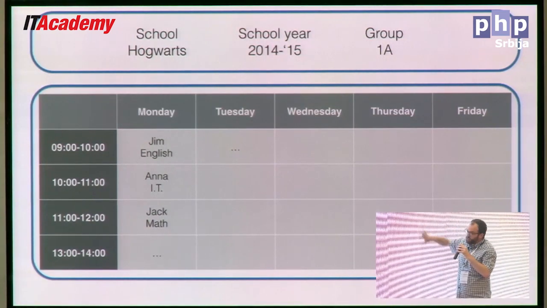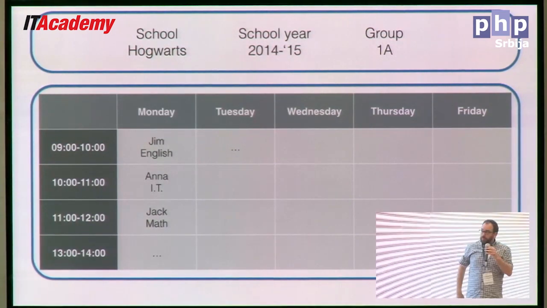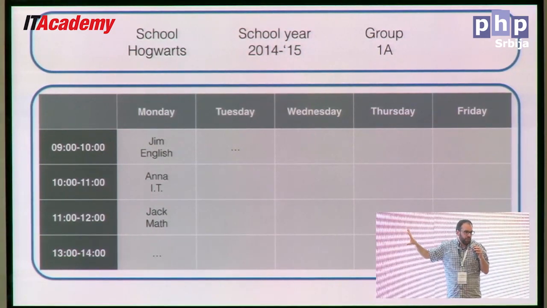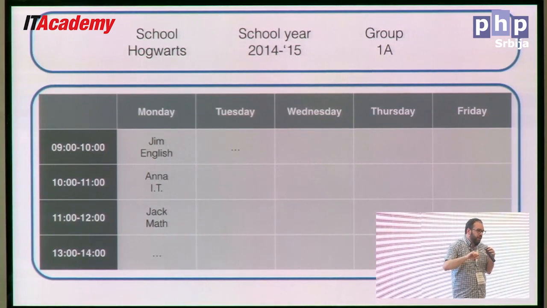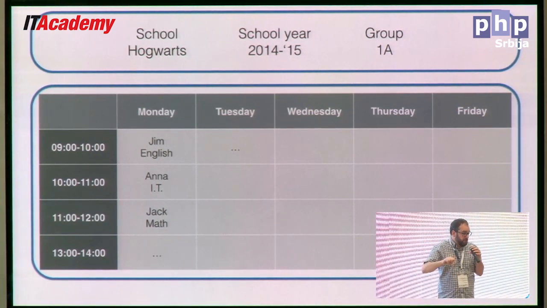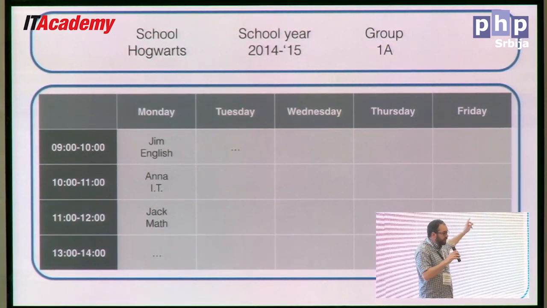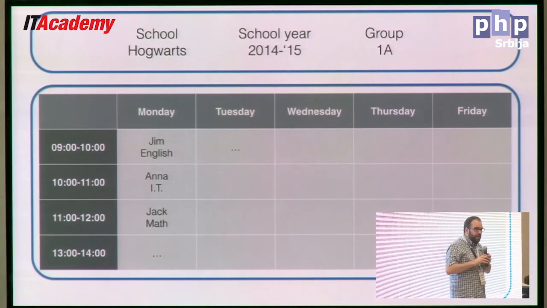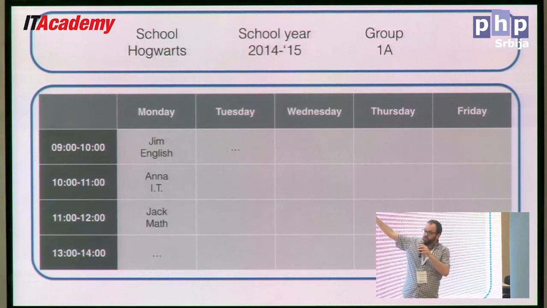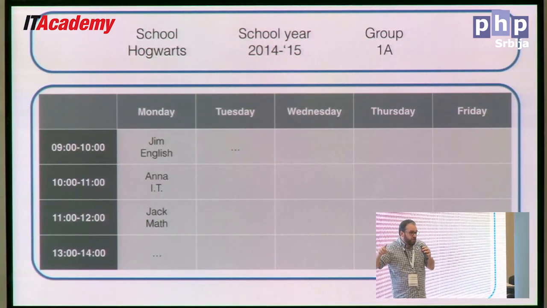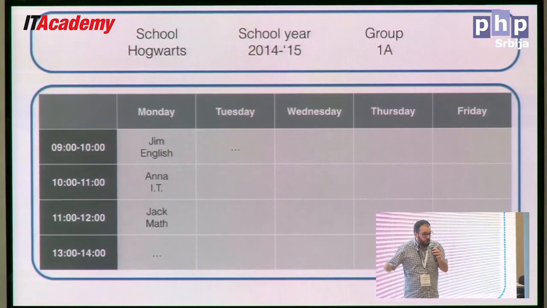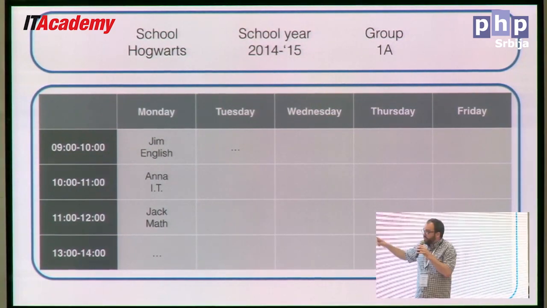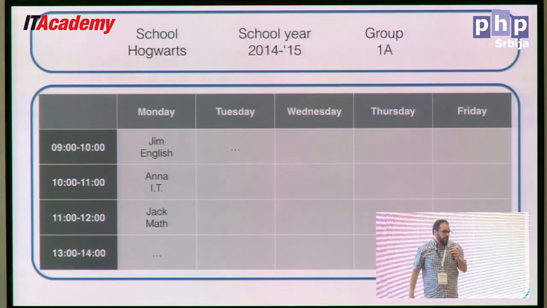So now we have this same idea at a little bit bigger structure. This lesson schedule here at the bottom is only valid for a very specific group of people. It's valid for people in group 1A, but not just any group 1A, the group 1A in school Hogwarts, and not just any group 1A in school Hogwarts, but only 1A in Hogwarts in a specific school year, right?